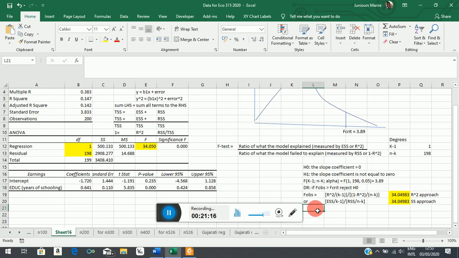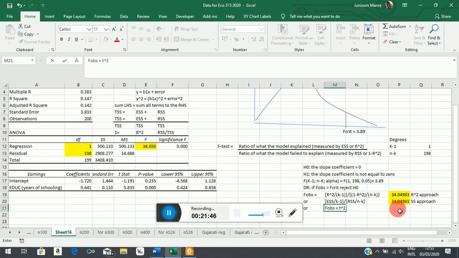And you can have an alternative one in the context of a bivariate regression, that is a regression with the dependent and only one explanatory variable. There is a relationship between the T statistic you get here and the F. Your F observed is equal to your T squared.